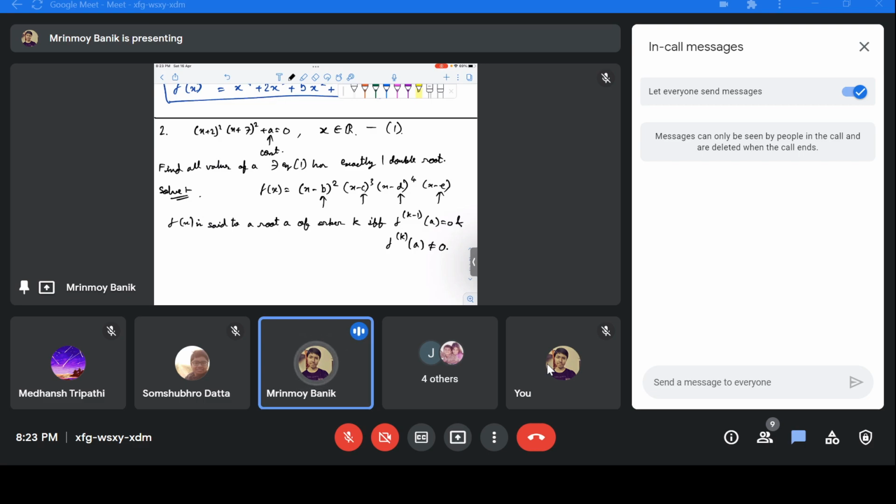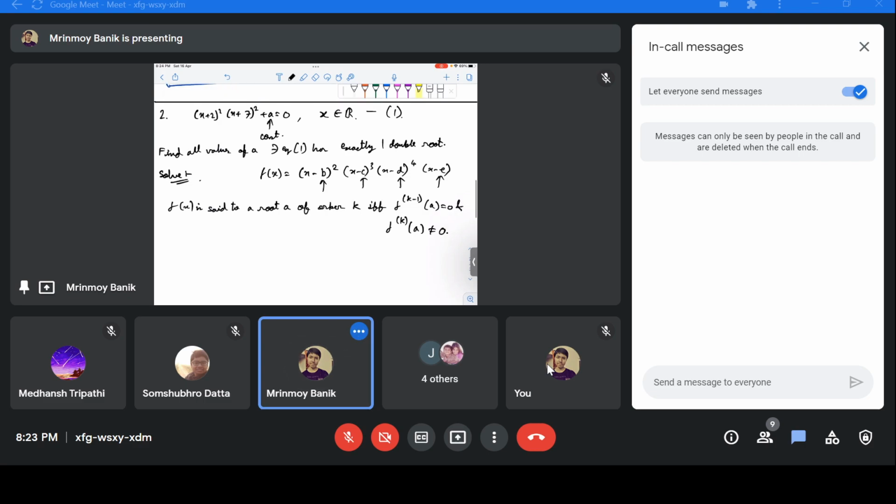So you get the idea. It's basically like how many factors we have of x minus a in that function. Okay, so yeah, so find the value of a. I will mute myself for 5 minutes.